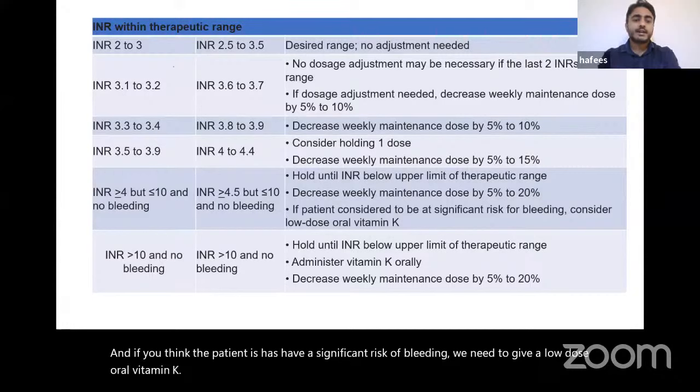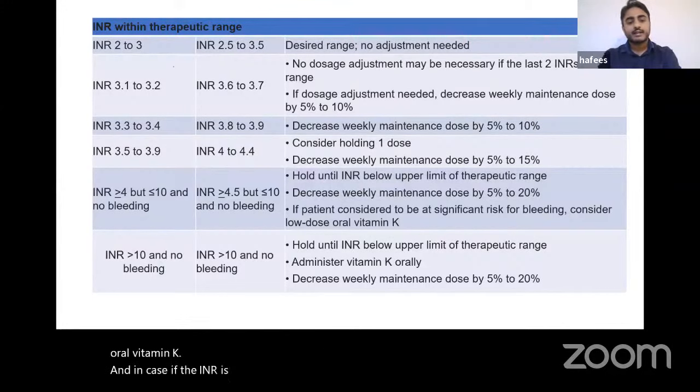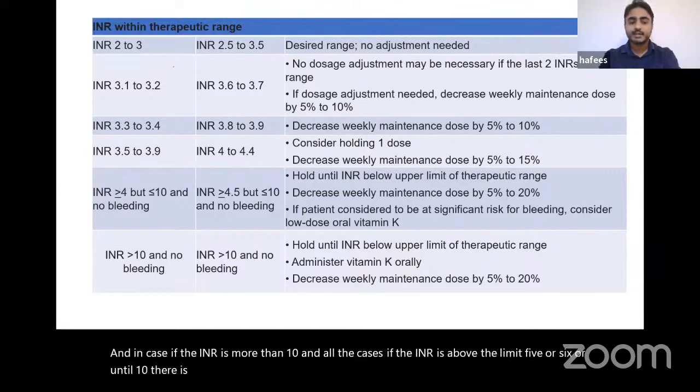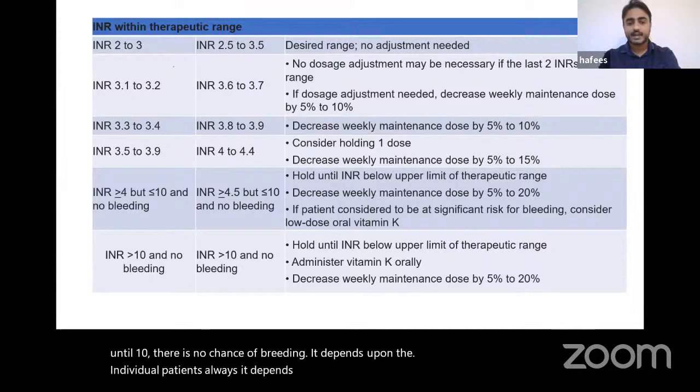And in case the INR is more than 10, and in all the cases, if the INR is above the limit like 5 or 6 or until 10, there is no certainty of bleeding. It depends upon the individual patients. Always it depends upon the individual patient characteristics.